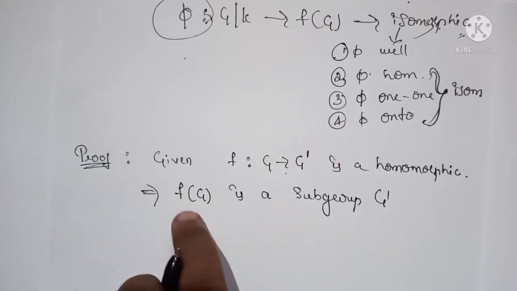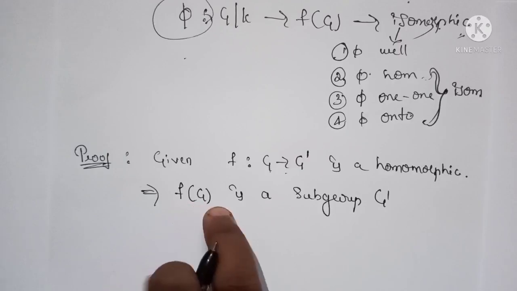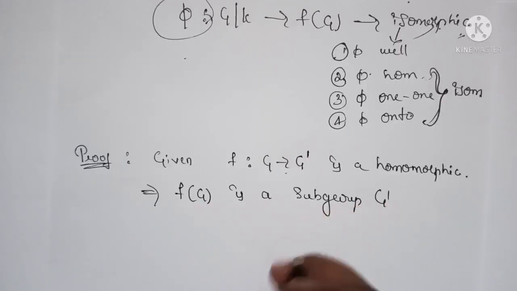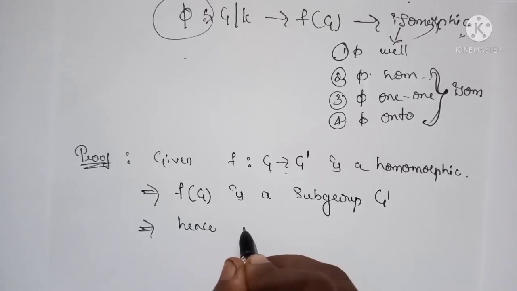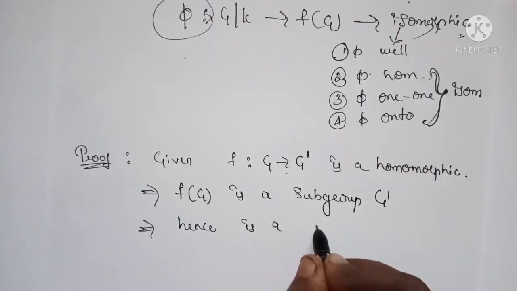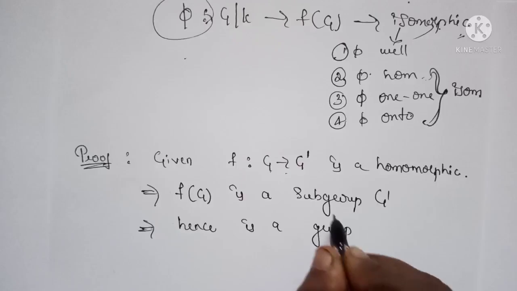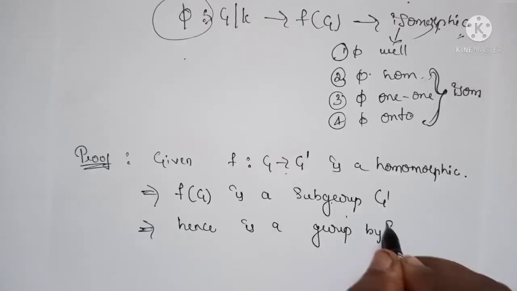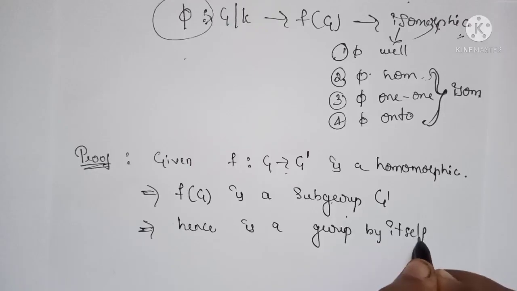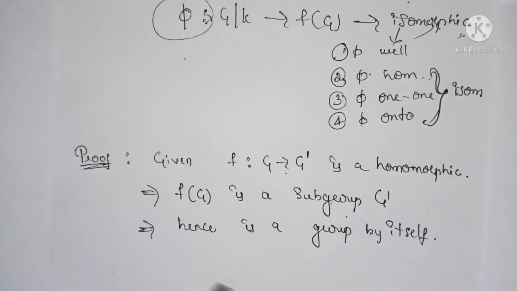Okay, so here we can write f(G) is a subgroup of G', hence it is a group by itself. Okay, since it is a subgroup, we can say that it is a group by itself. Okay, now we define a mapping.